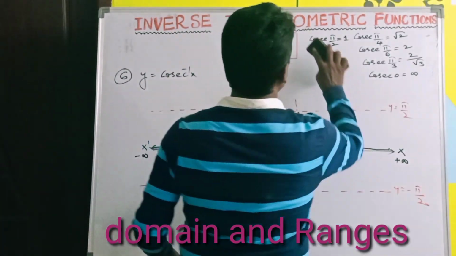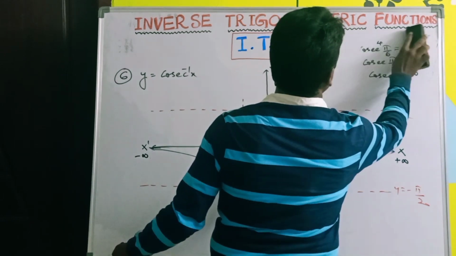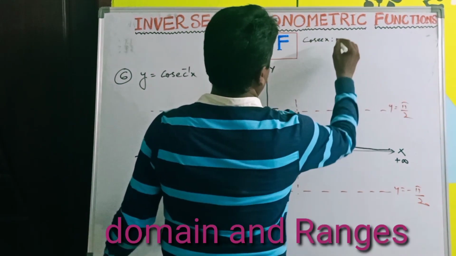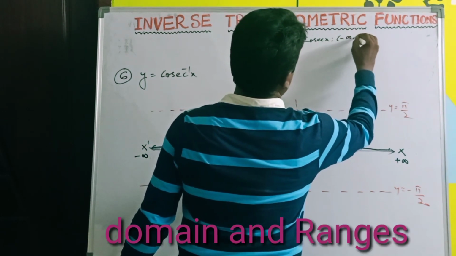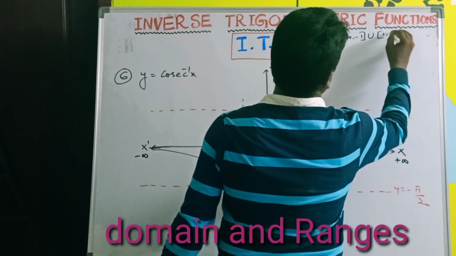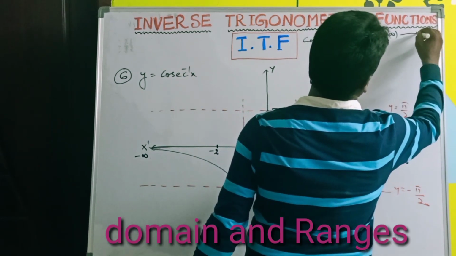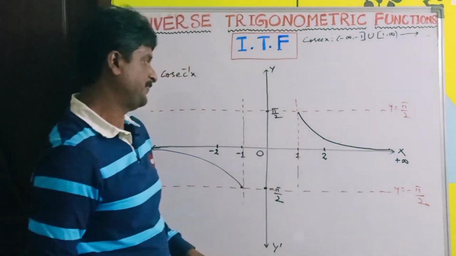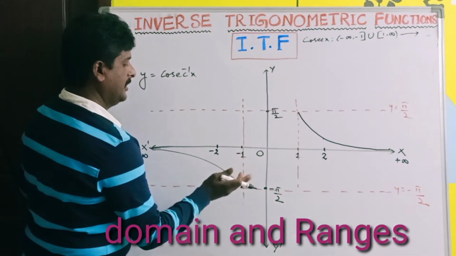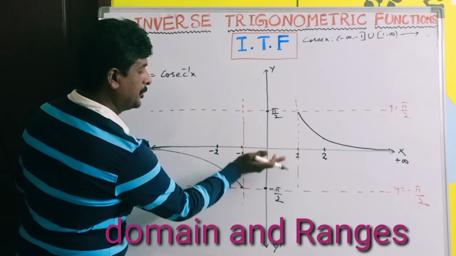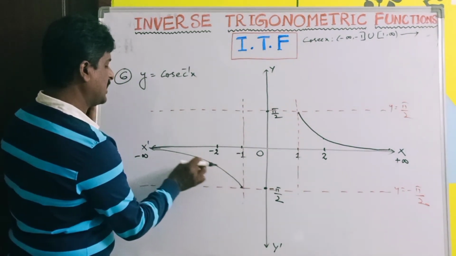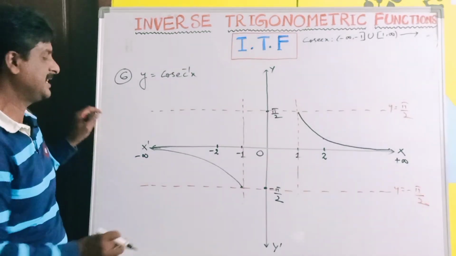So its domain can be written as minus infinity comma minus 1 closed, union, closed 1 comma infinity. What about its range? Its range is minus pi by 2 closed to 0 open. It cannot include 0 because the graph is just an asymptote of the x-axis.